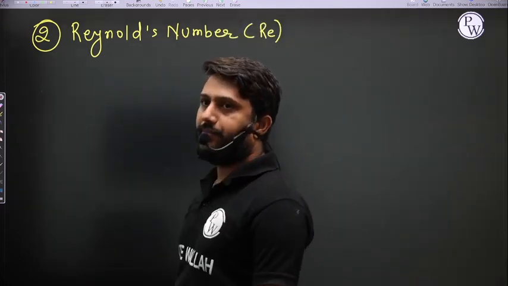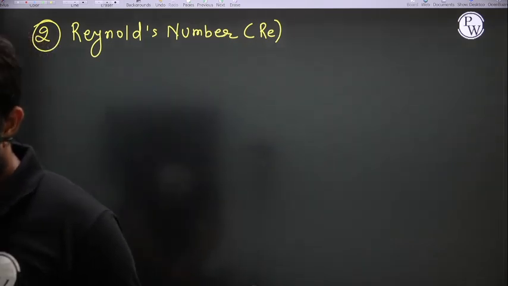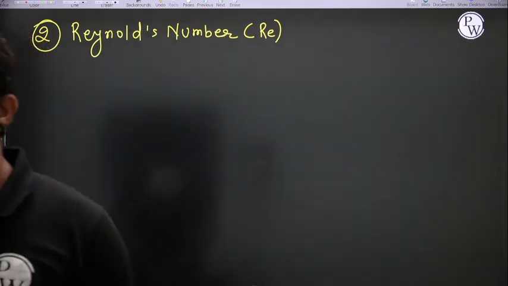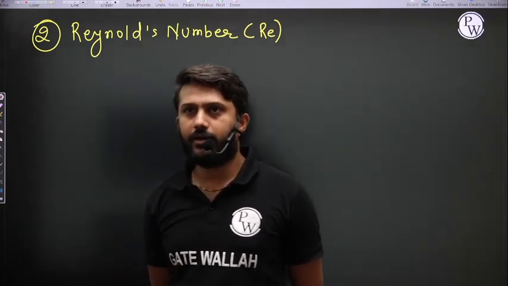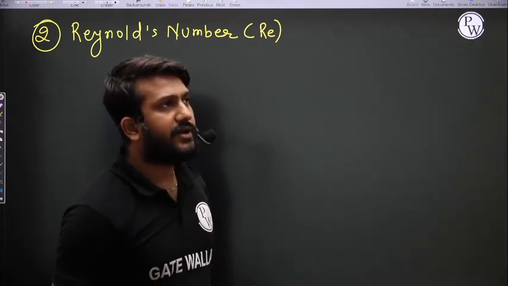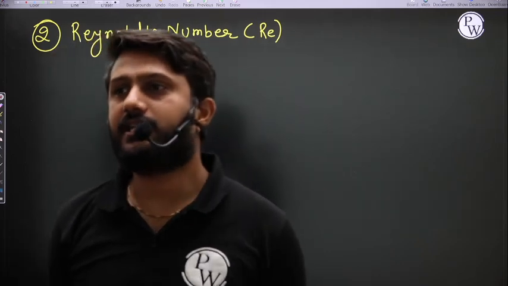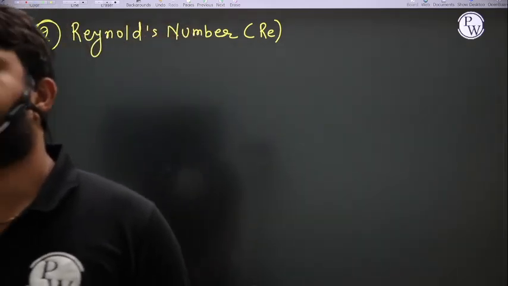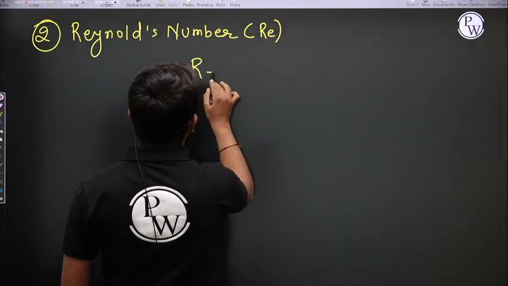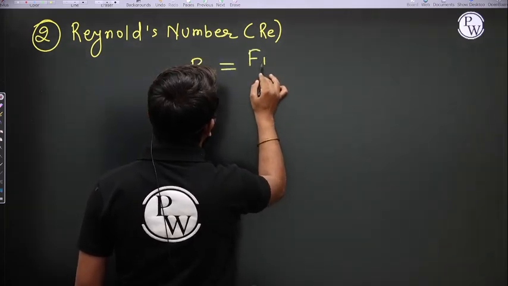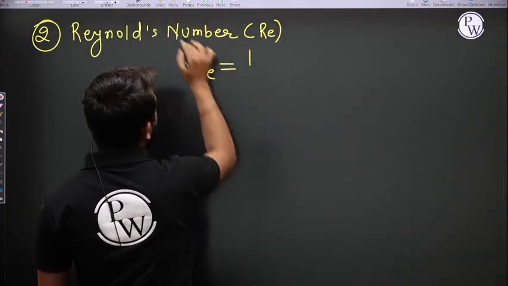What is the Reynolds number? So my dear, the Reynolds number is a ratio of two forces. One force is the inertia force, whereas the other force is the viscous force. So the Reynolds number is the ratio of inertia force to viscous force.